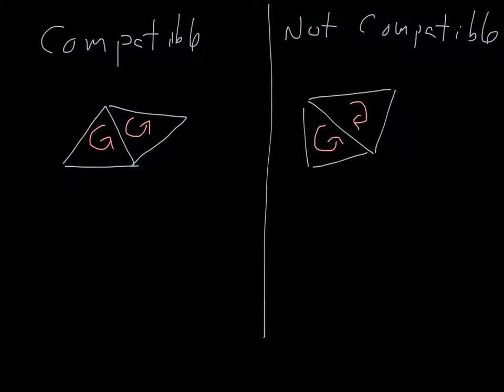Because let's follow the arrows on each and see what happens. So that's what the orientation on the edges looks like for this left face. And on the right face, it looks like this.